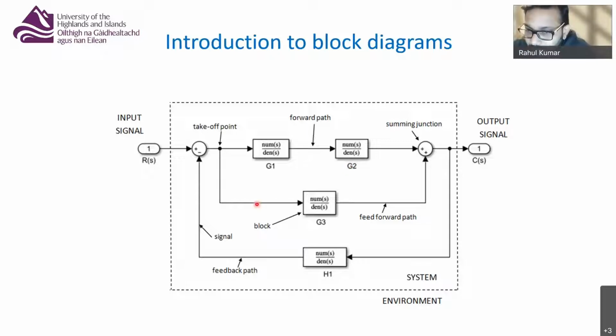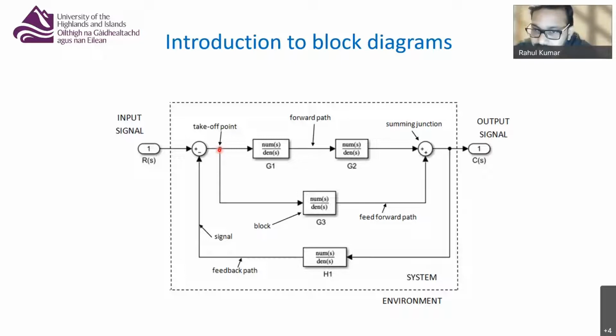Right. Now, let's say you take some portion of the signal, taking the signal from this point and feeding it forward to the output or to this summing junction. If you are picking off some signal, that is called a takeoff point.